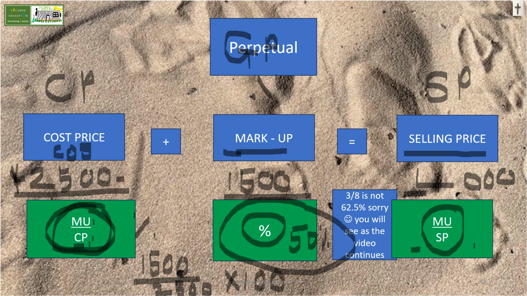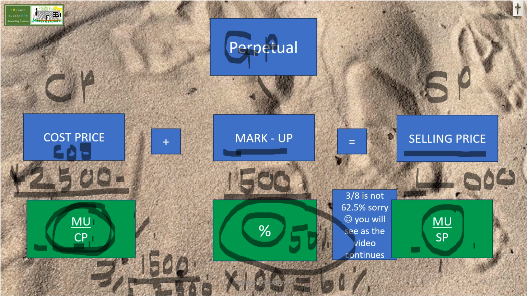You can work that out on your calculator. I think it's 60%, but you can work it out. 1,500 divided by 2,500 times by 100. I think, if I look at it quickly, that simplifies to 3 over 5. If you divide by 500, divide by 500, 3 fifths times by 100 equals 60%. So the markup on the cost price is 60%.